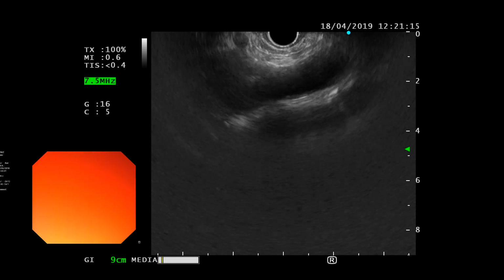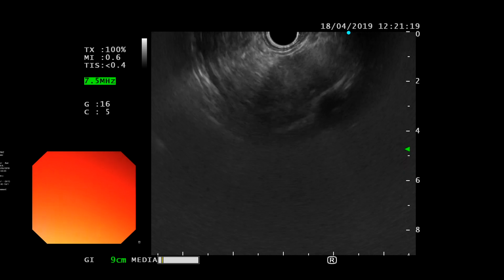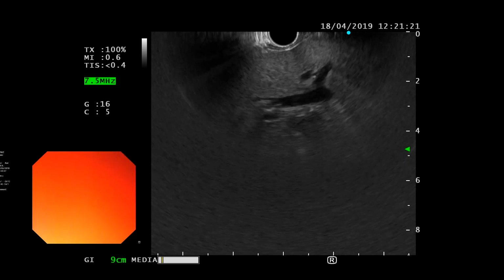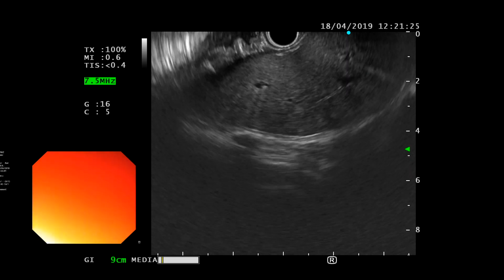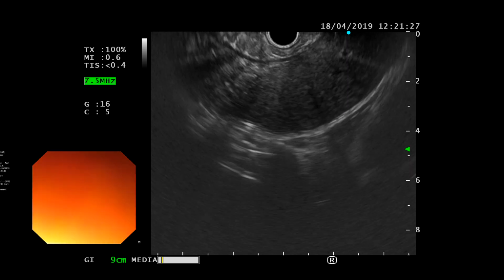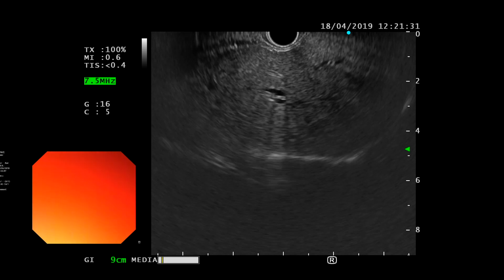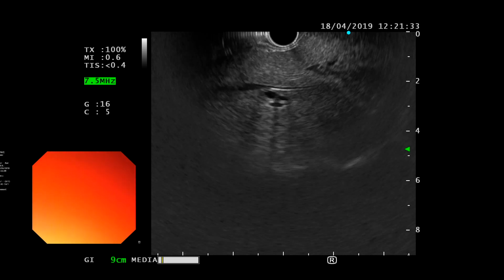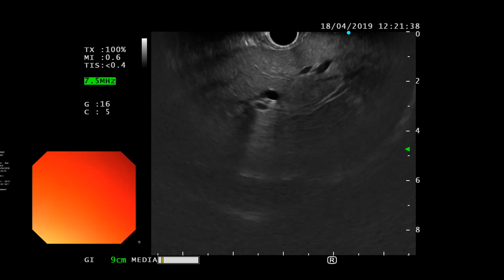And the thing with the liver is, those with hyper-reflective boundaries are portal veins. Those are portal veins, and the ones without the wall are hepatic veins.